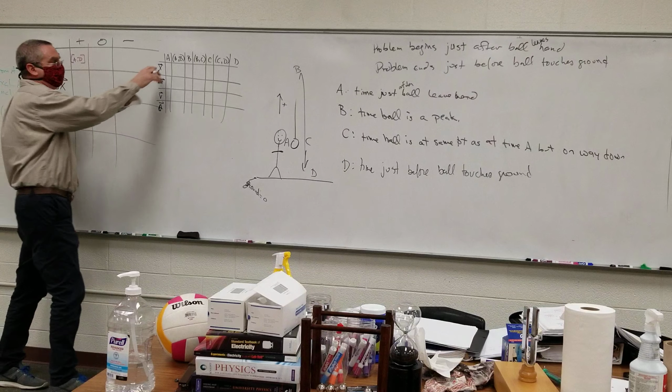I'll talk about the things that I'm looking for when I grade this part. So B. I personally find it particularly useful to at least mark down 0. So velocity is 0 at B, so get that marked down.